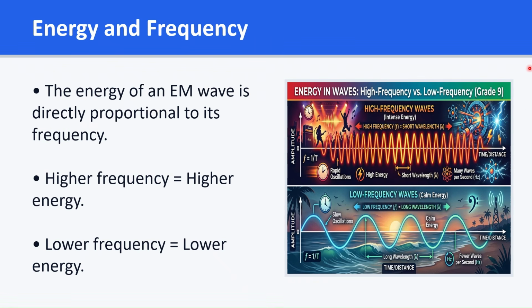So energy is all about the wiggle. The more times a wave vibrates per second, the higher the frequency, the more energy it carries. Again, the energy of an EM wave is directly proportional to its frequency. When we say directly proportional, if one goes up or increases, the other also increases or goes up.